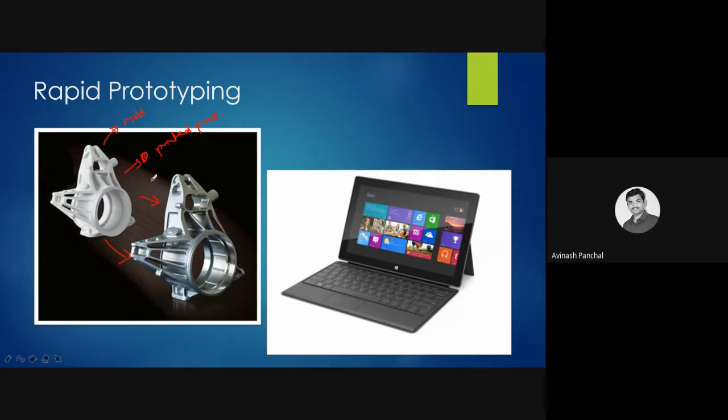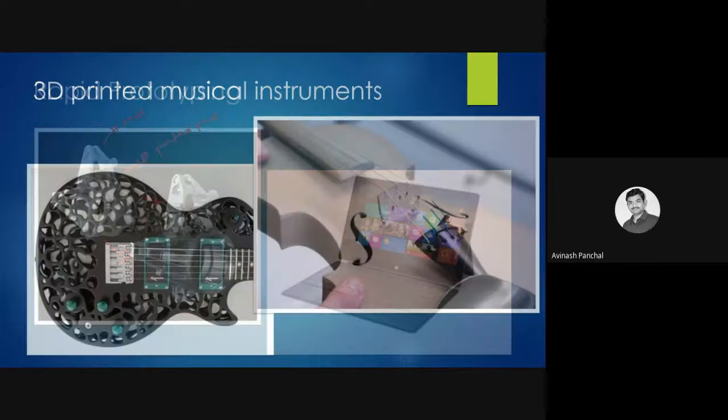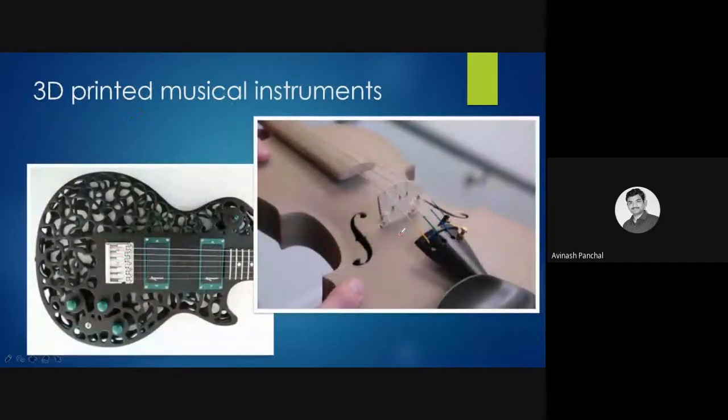Okay, so this is done with the help of computer systems and 3D printers. Here also we have 3D printed musical instruments, that is also a very logical one, and they are made of lightweight material. Okay, what is happening here?